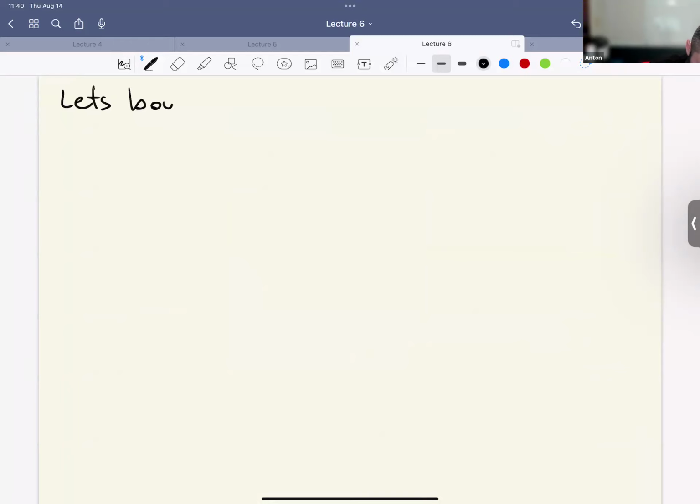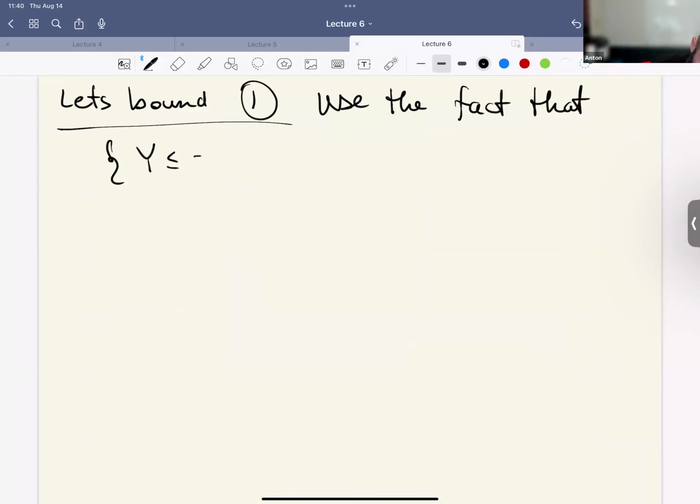Let's bound term number 1. Okay. Use the fact that Y less than or equal to negative square root of R is a very rare event.